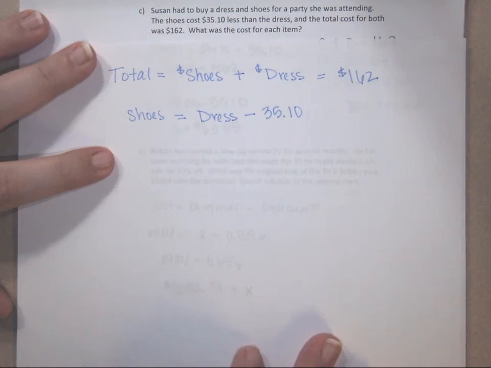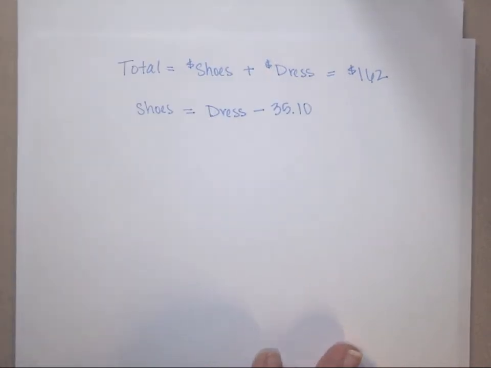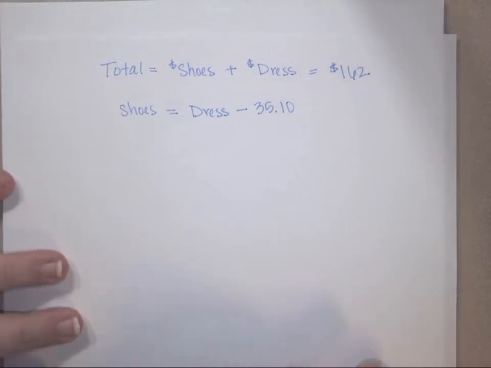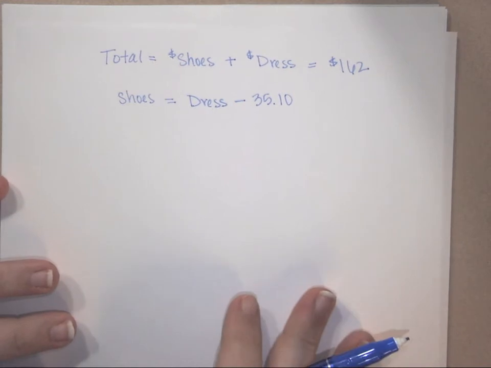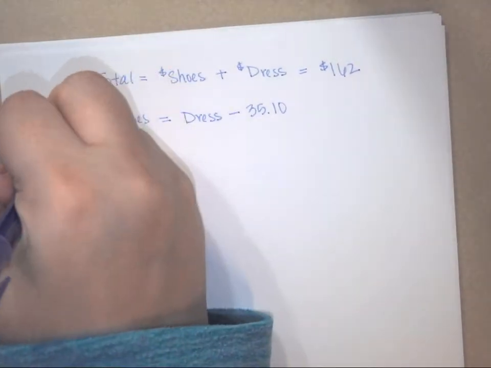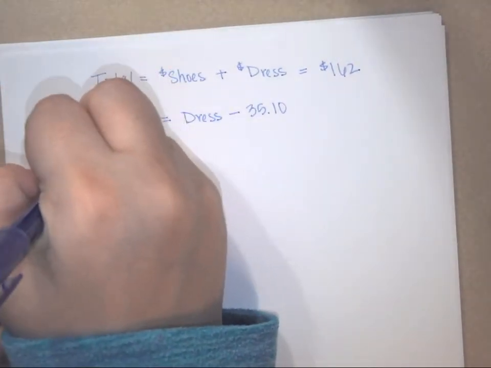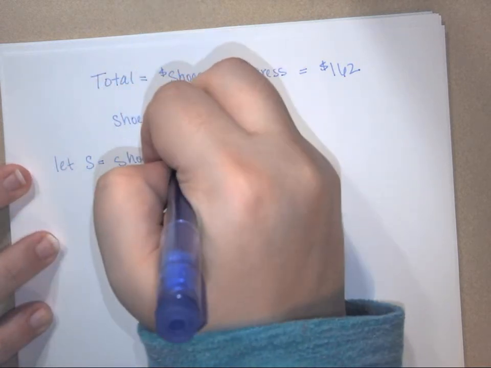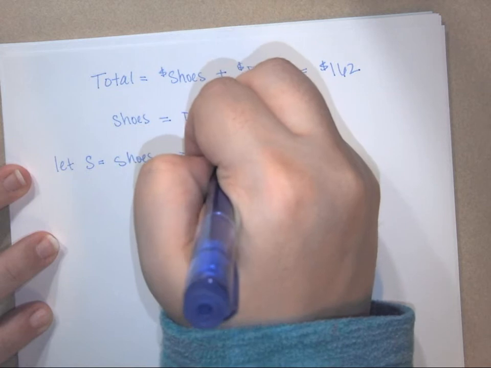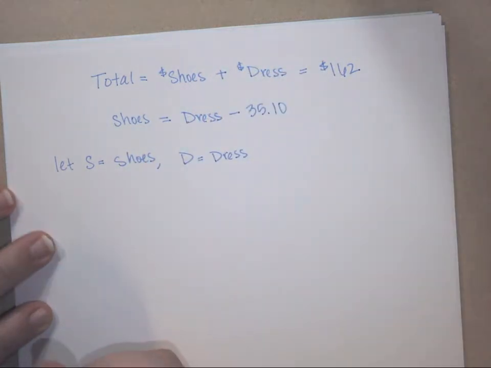Okay. So now that we know that, we can use the idea of your two equations in order to solve. First of all, let S equal shoes and let D equal your dress, just to make it a little bit easier.